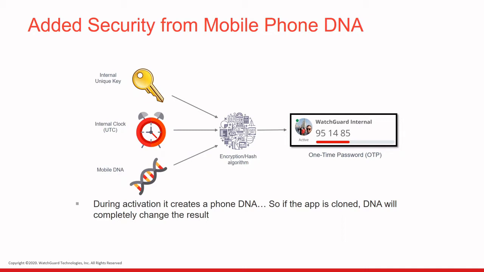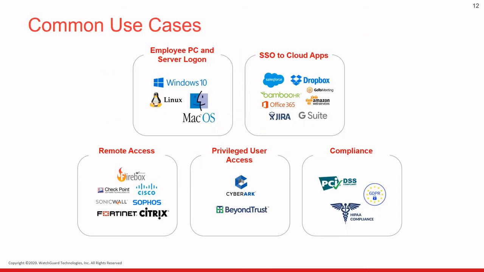So during the activation, it will create a phone DNA. We are trying to protect you against any cloning of your phone. If the app is cloned, or the phone is cloned with the app, it's not going to help the hacker or the attacker in any way, because it's going to have completely different results from the authenticator that you have in your phone, and we will know about it. So this is one of the added security features that we have.